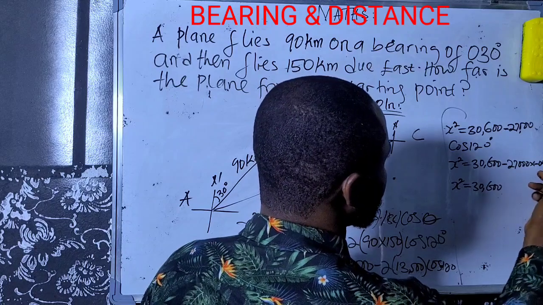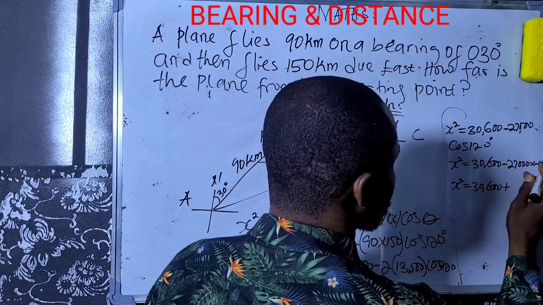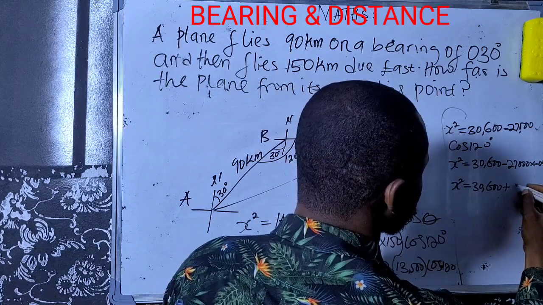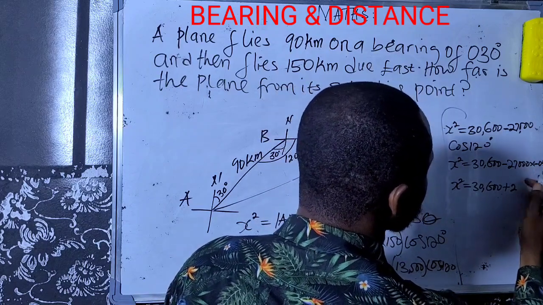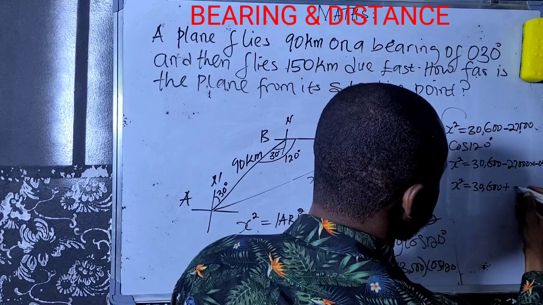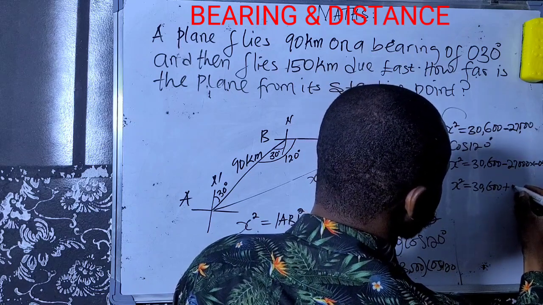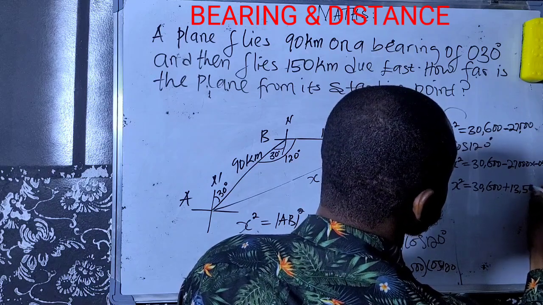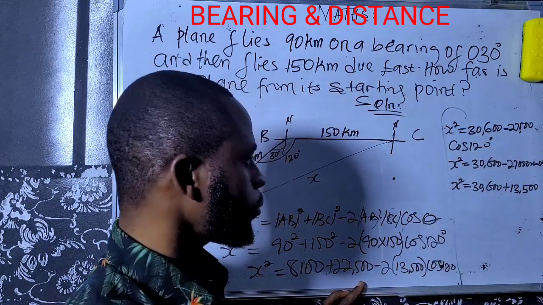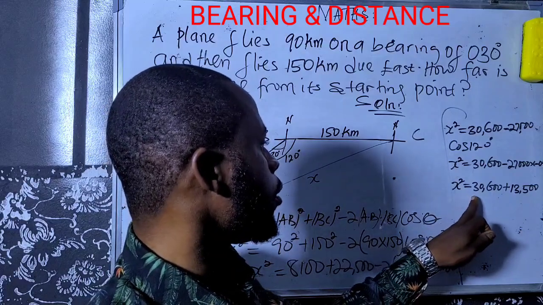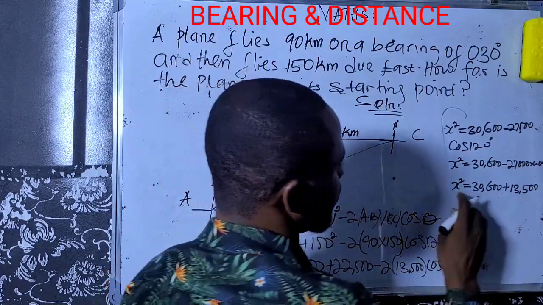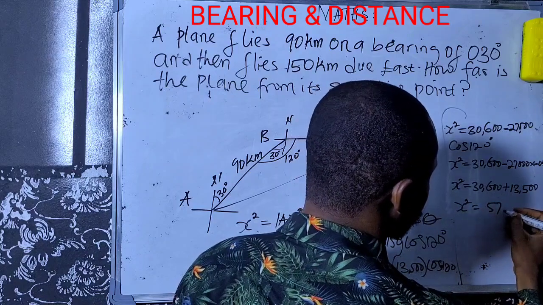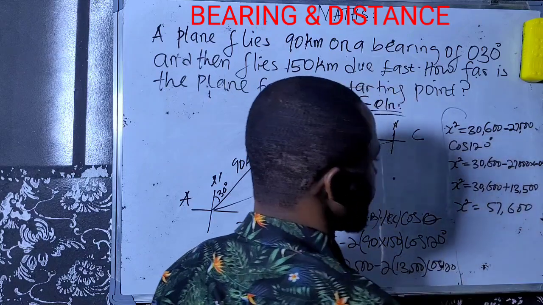Then here we have that x squared equals 30,600, minus times minus gives us plus. Then 27,000 times 0.5 will give us 13,500. Now if you add this up together, this will give us that x squared equals 57,600.